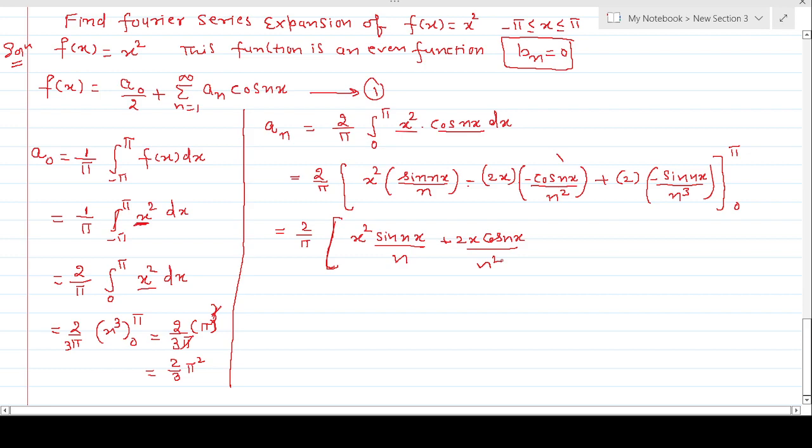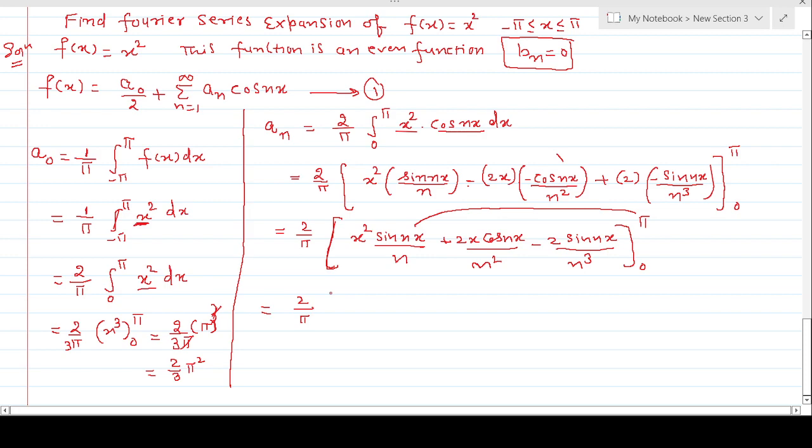Now you put the limits. When you put x equal to pi, you get sine n pi, and sine n pi is 0. Then you put x value equal to pi in this, so it becomes 2 pi into cos n pi by n square.